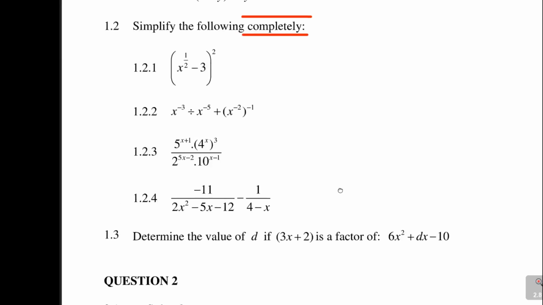4 marks. So which means they needed a little bit of, it's actually exponents. Okay, look at this one. It's 5 to the power of x plus 1, times 4 to the power of x.